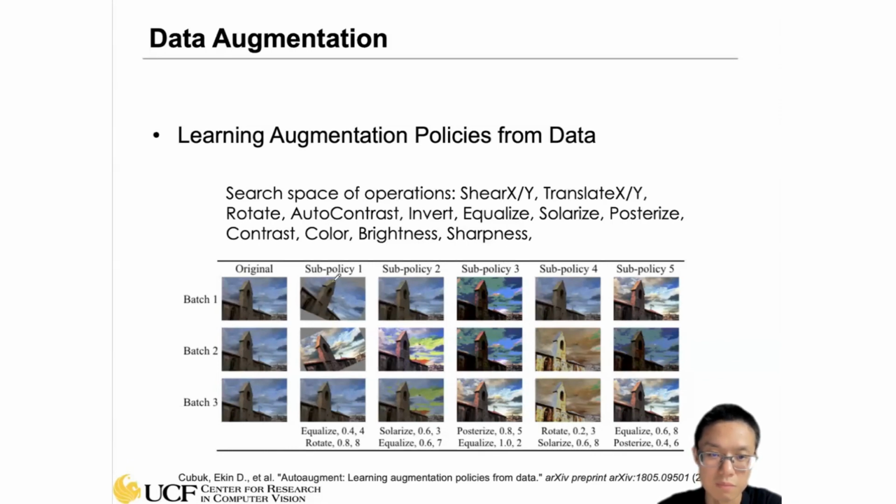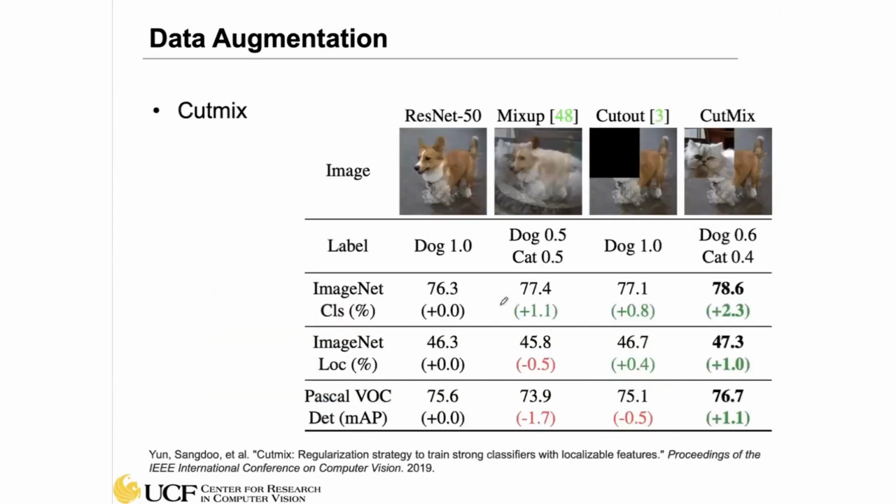So maybe you should apply translation first, then do the rotation, then do the contrast, brightness change, or sharpen change. Then the end result, the augmented image, will help the most for the training. So they come up with a strategy to automatically learn the augmentation policy from the data and do the auto augmentation.